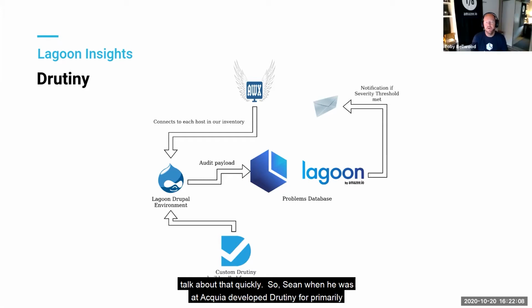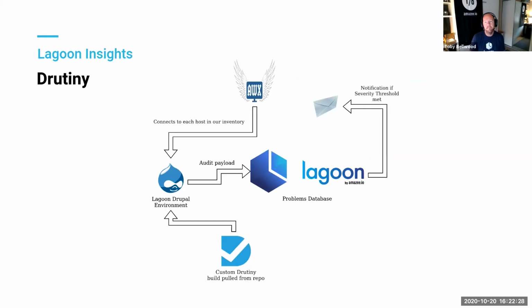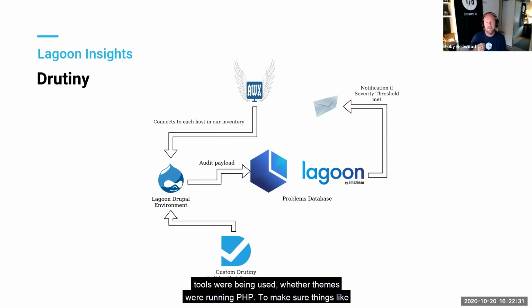So Sean, when he was at Acquia, developed Drutiny primarily for GovCMS as the first customer. GovCMS had a strong need for strict audit control, knowing what modules were installed, which ones weren't, whether some tools were being used, whether themes were running PHP, and making sure things like logging and caching were enabled or disabled or set properly.